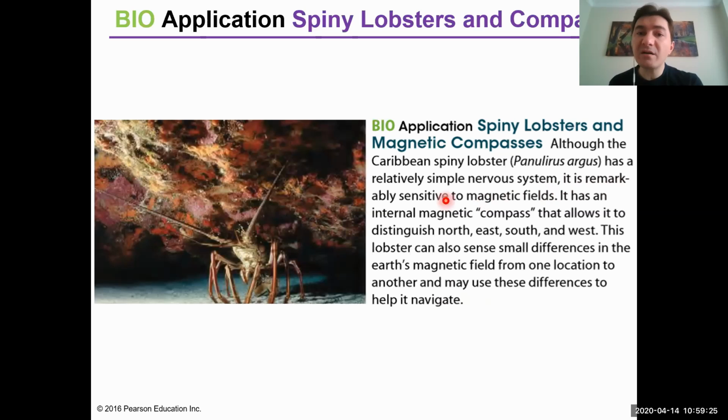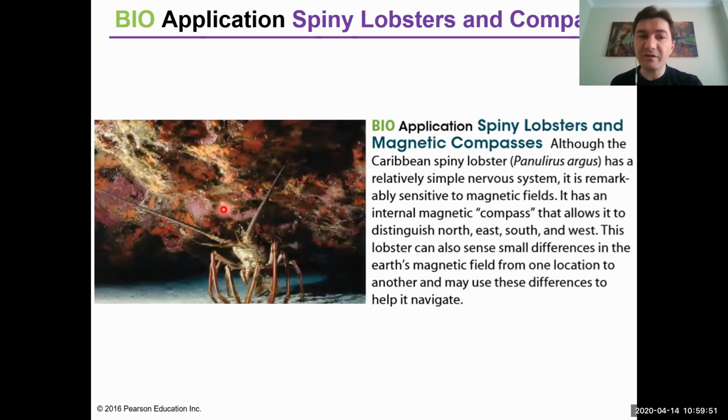It is remarkably sensitive to magnetic fields, so its nervous system can detect magnetic fields. It has an internal magnetic compass that allows it to distinguish north, east, south, and west.